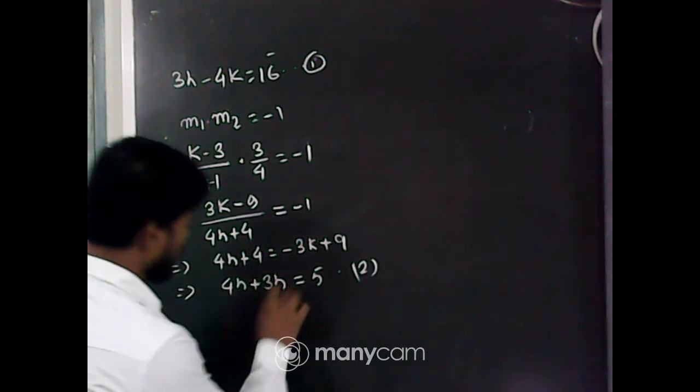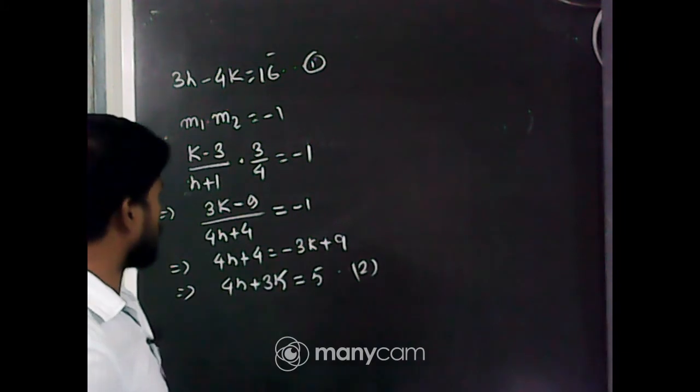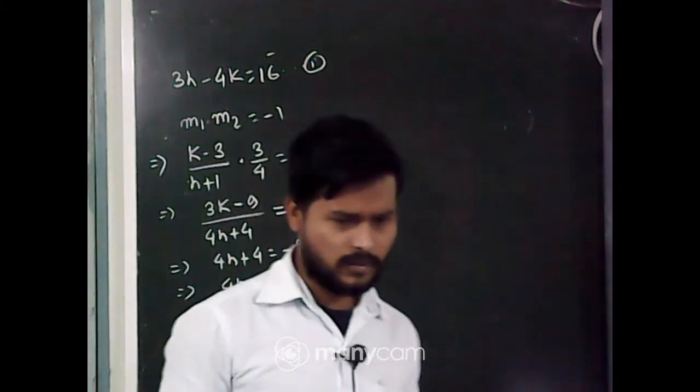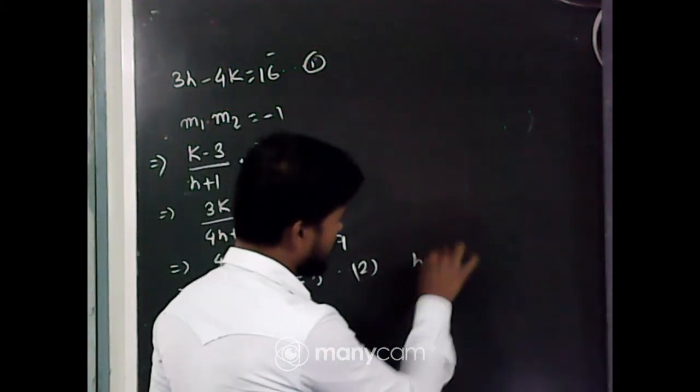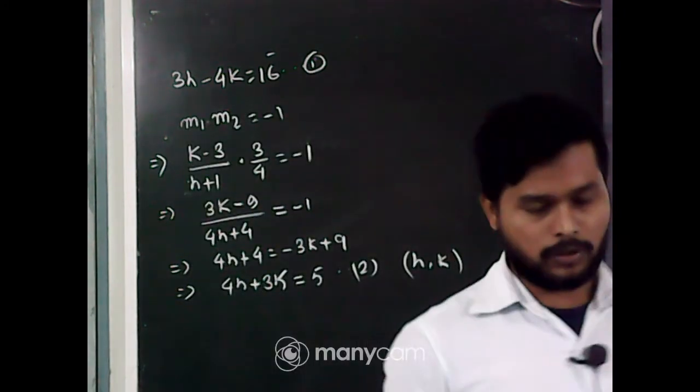Yes, sorry, that is 3k. 4h plus 3k is equal to 5. Now just solve the equations and find the values of h and k. So this h and k will give you the coordinate of the foot of the perpendicular.